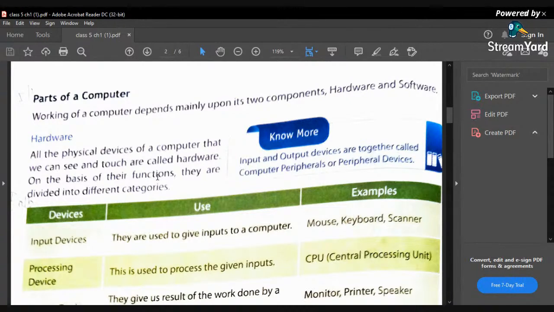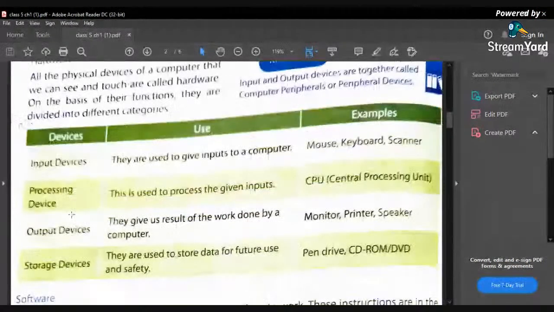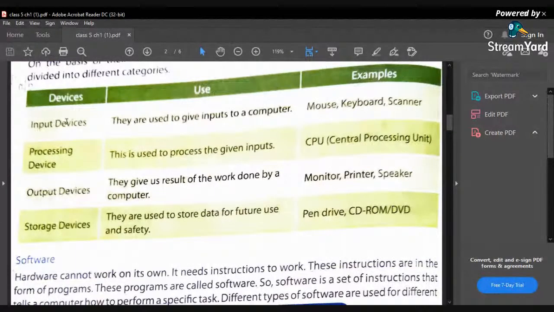Based on their functions, they are divided into different categories: input devices, output devices, processing devices, and storage devices.